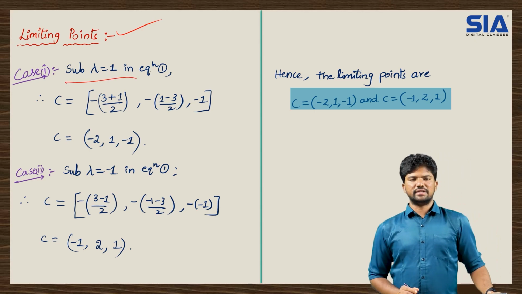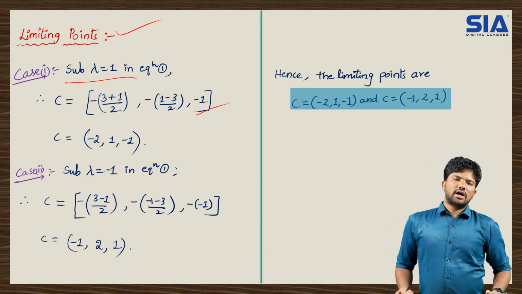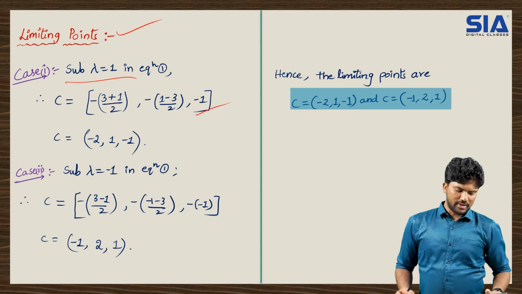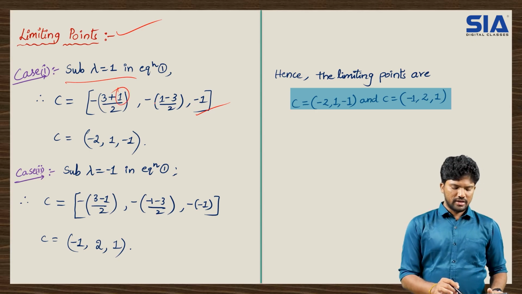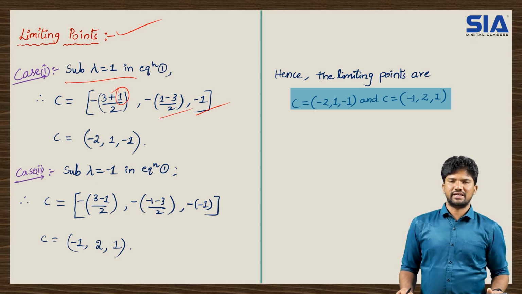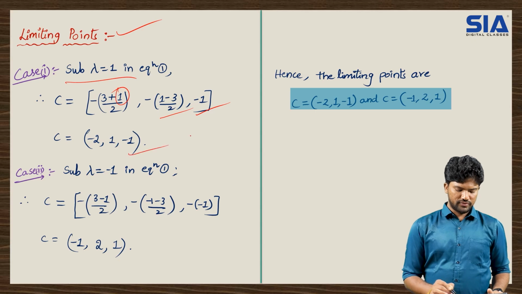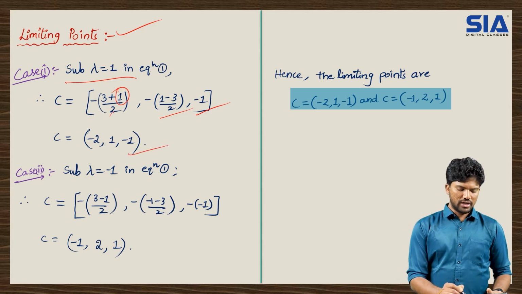Lambda is equal to plus 1 in equation number 1. So C is equal to (minus of (3 plus lambda) by 2, minus of (lambda minus 3) by 2, minus lambda). Lambda value is 1: (3 plus 1) by 2, (1 minus 3) by 2, minus 1. If you simplify, 3 plus 1 by 2 means 4 by 2, which is 2, and 1 minus 3 is minus 2.